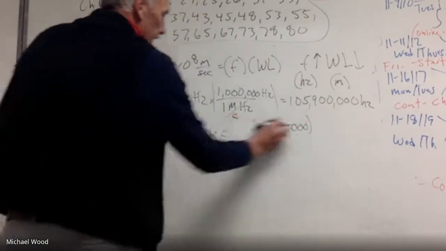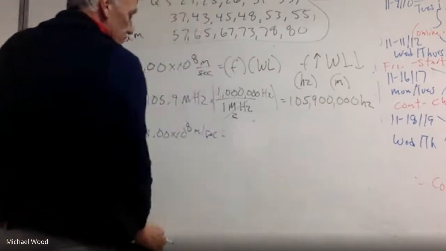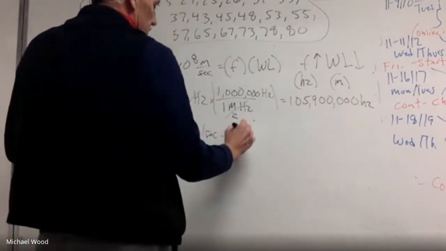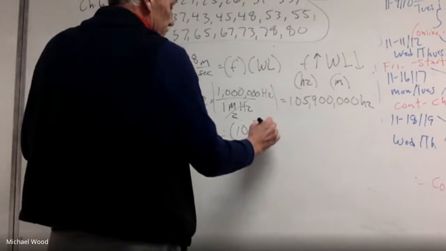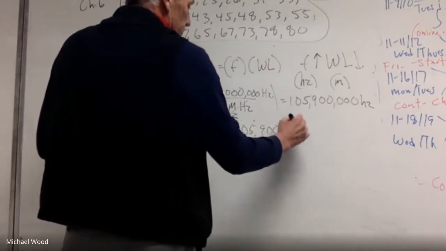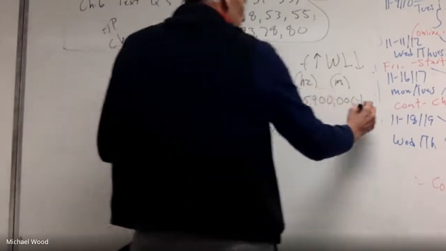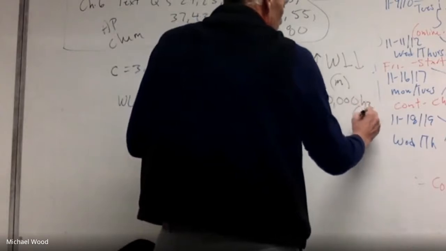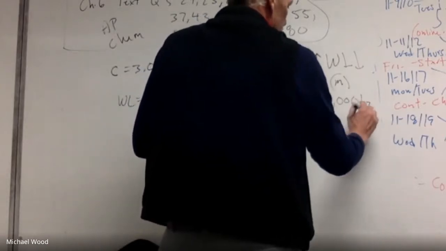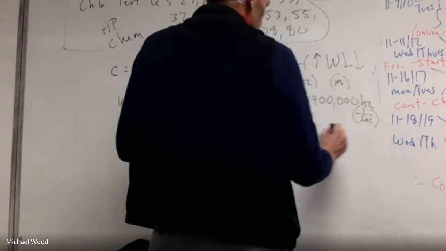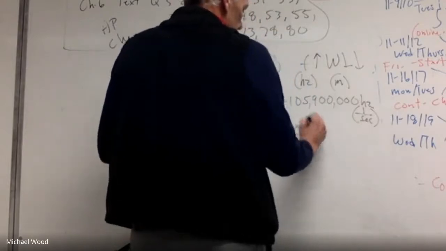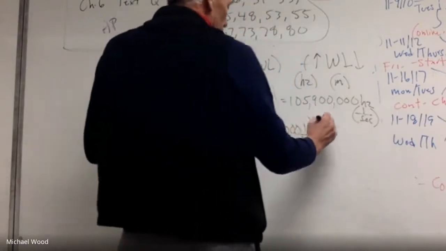Sorry, I'm messing up, I plugged the wrong things in. So that's 105,900,000 hertz. Remember a hertz means 1 over seconds. So I'm going to use that here, and then I'm trying to solve for the wavelength.